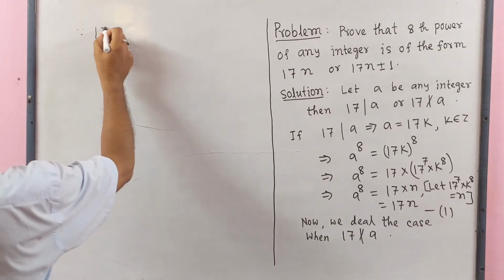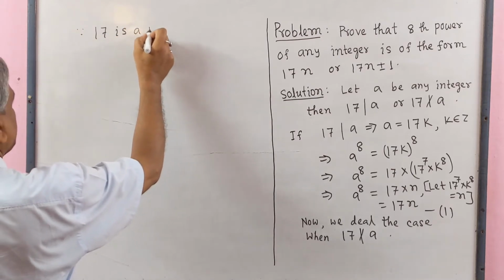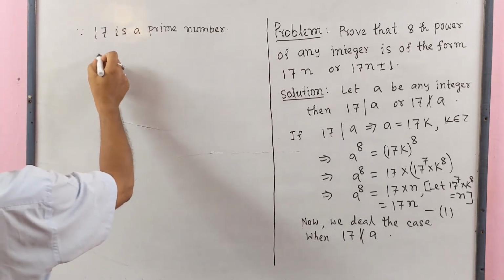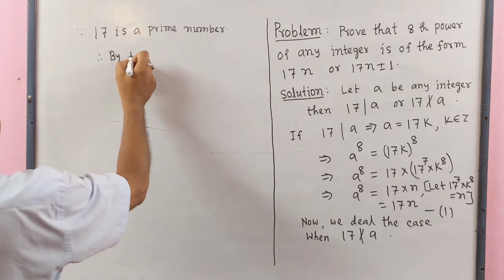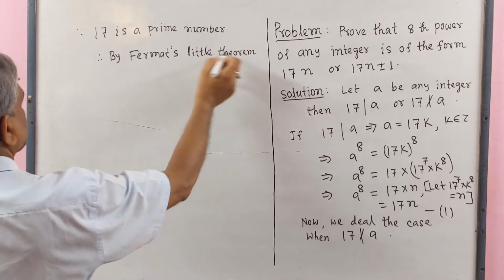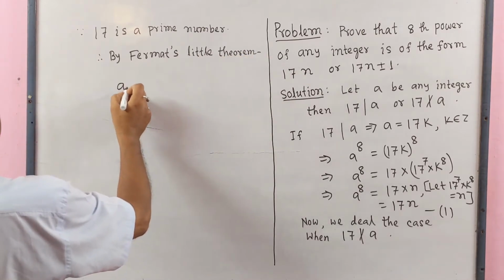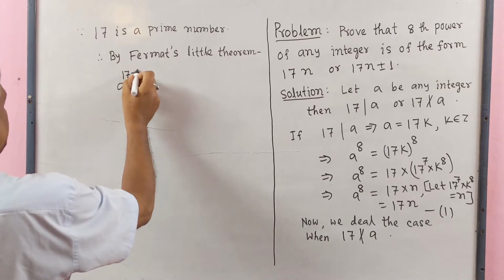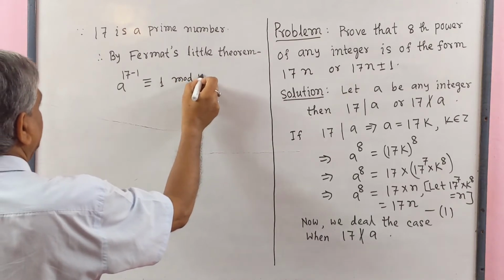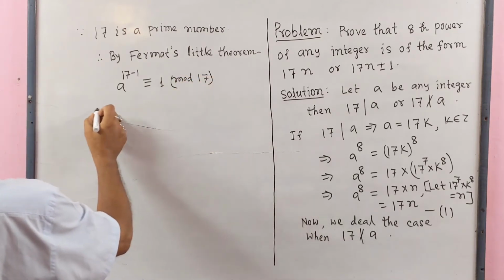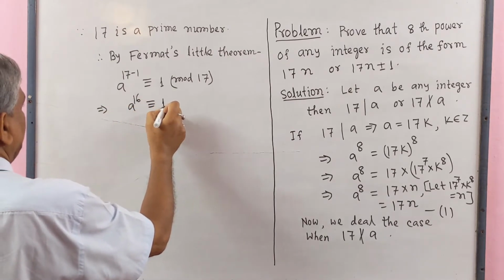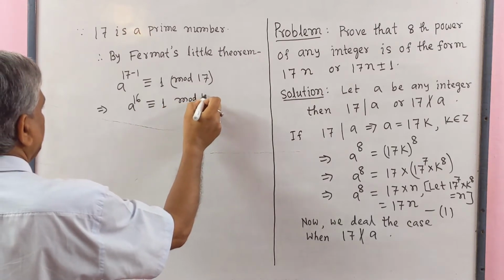Since 17 is a prime number, therefore, by Fermat's little theorem, a to the power 17 minus 1 is congruent to 1 modulo 17. Implies that a to the power 16 is congruent to 1 modulo 17.